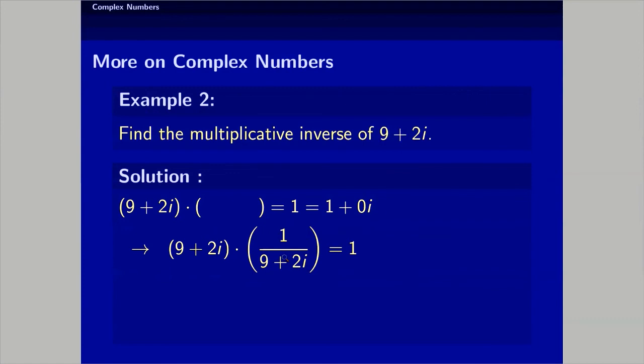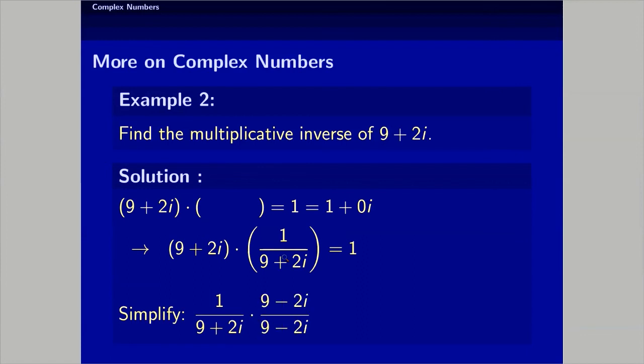And how are we going to do that? We simply multiply both the numerator and the denominator by the conjugate of the denominator. And again, what is the conjugate of 9 plus 2i? It is 9 minus 2i. Okay?